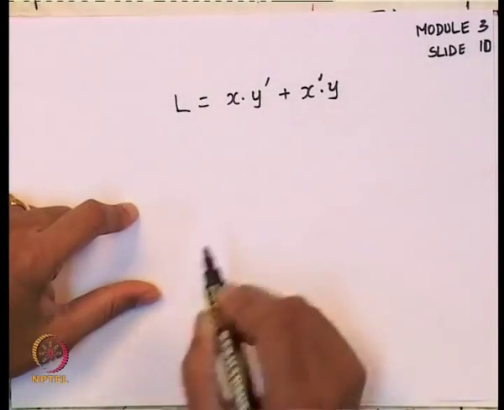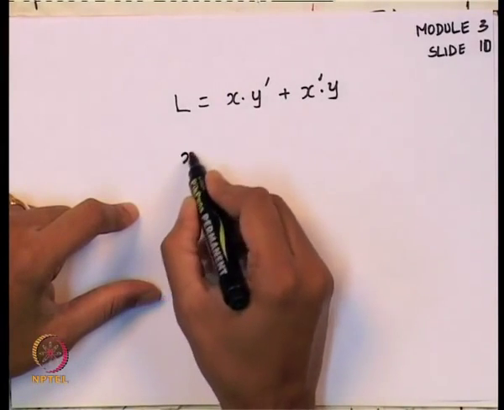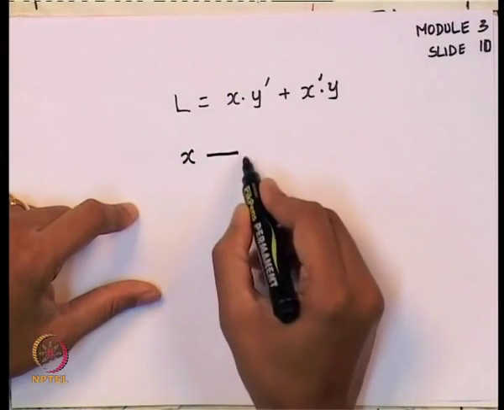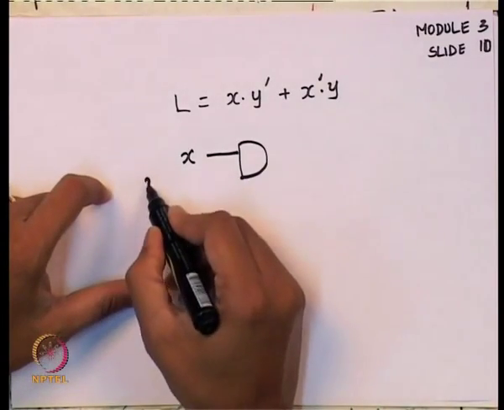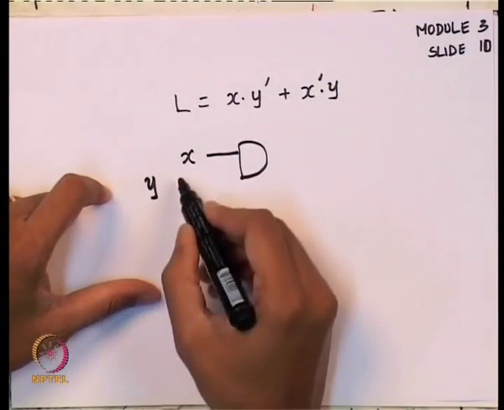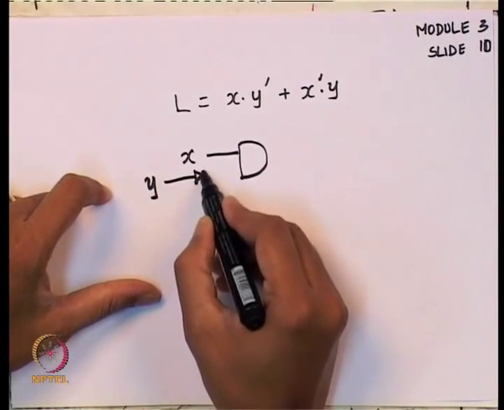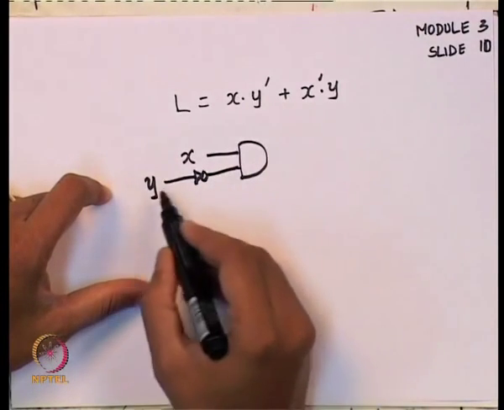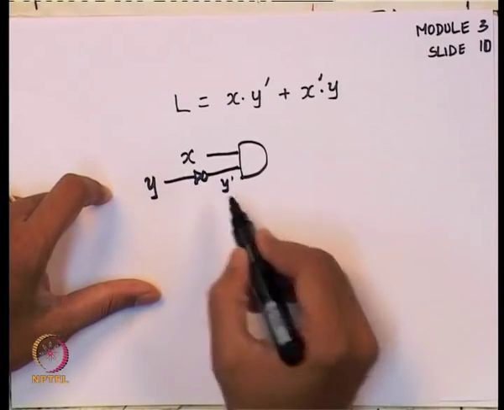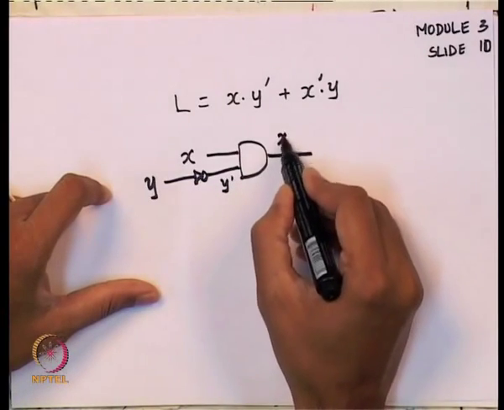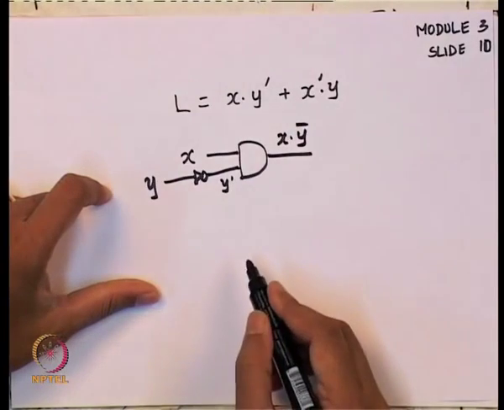Let us see how to realize a circuit for X and Y complement first. If I give you Y as an input, I can't use Y directly, I want Y complement. I know that Y complement can come if I have a Y and I stick an inverter there. So this will be Y complement, and this is X and Y complement.